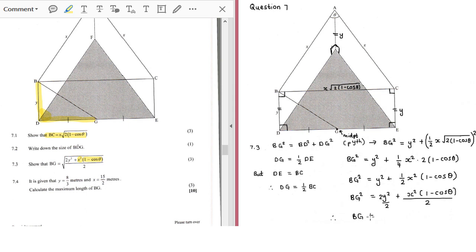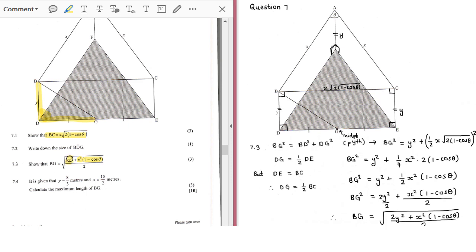So then BG is going to equal the square root of 2y squared plus x squared into 1 minus the cosine of theta, and the denominators are the same, so we can put that over the same denominator of 2. Now if you compare this to what you have to show, you have 2y squared plus x squared into 1 minus the cosine of theta, everything divided by 2, and then everything square rooted as well.